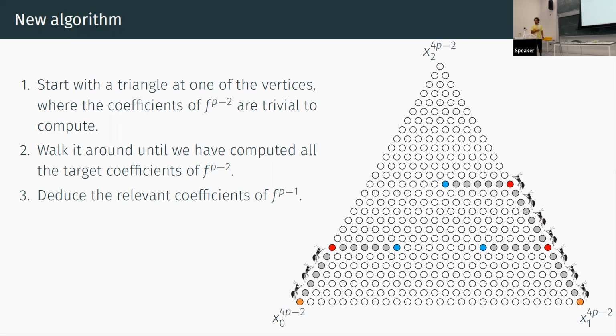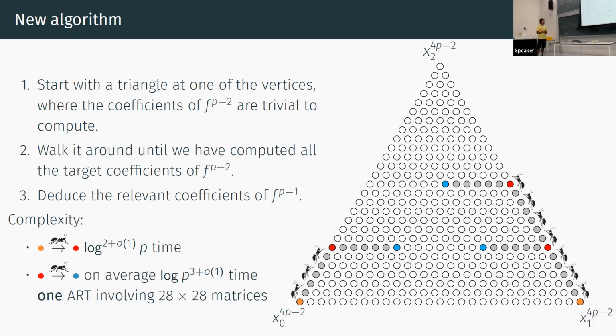That's very cheap because we're basically back down to the case of dimension 1. Indeed, here we can do polynomial time per p, and then finally you walk inside. Once you walk inside, you get to those blue dots, and so I'm working at f^(p-2), and from that square I can then get the coefficient I want of f^(p-1).